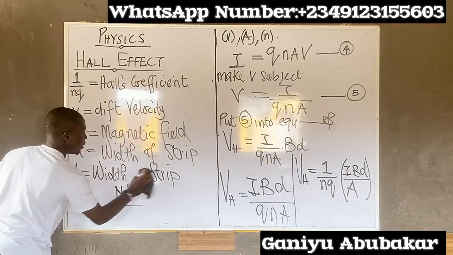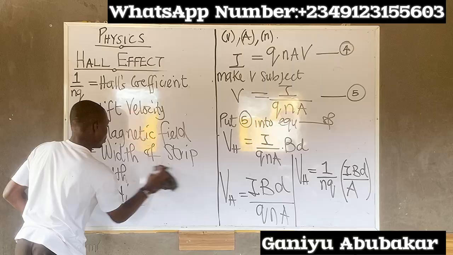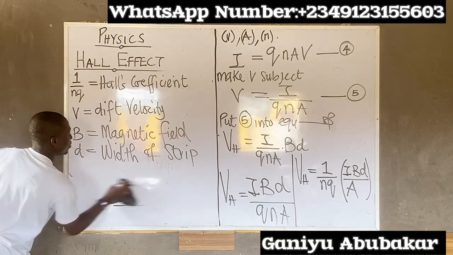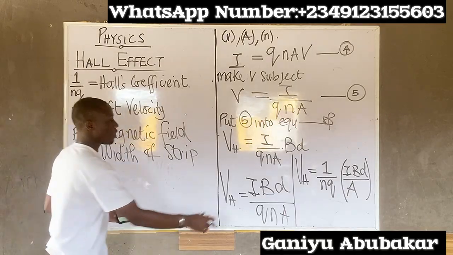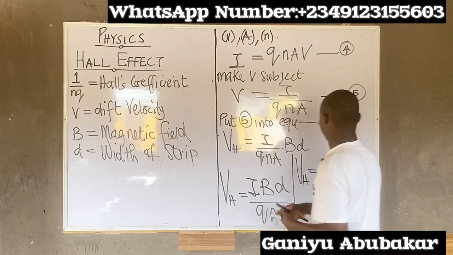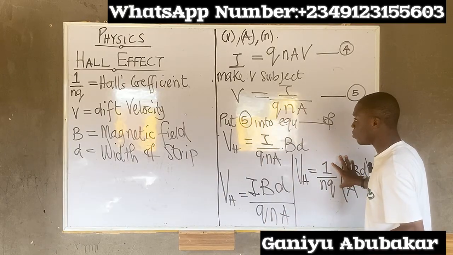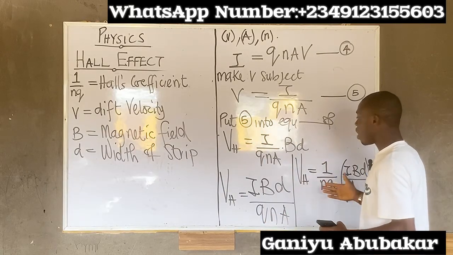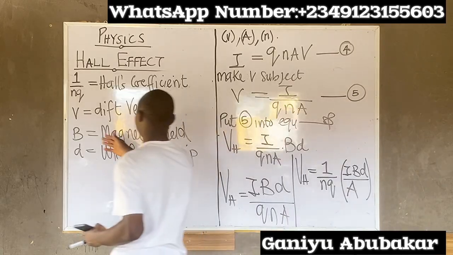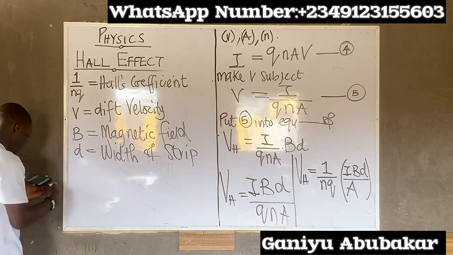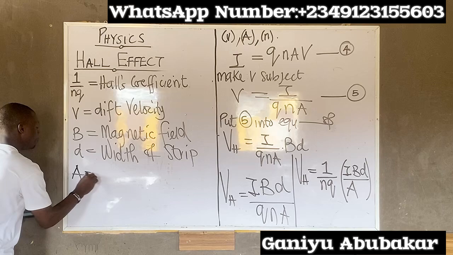So please identify each definition for the parameters. I'll define 1 over NQ, I'll define V, I'll define B, BD. All right. What of A? A means area.